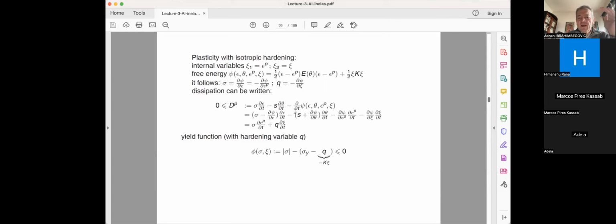Then I need the yield stress, and I need to obtain the yield criteria. Basically, the idea is that the yield criteria is the absolute value of sigma compared not only against sigma y, but plus hardening modulus k multiplied by the hardening variable psi. So this really increases the value of the threshold of plasticity.